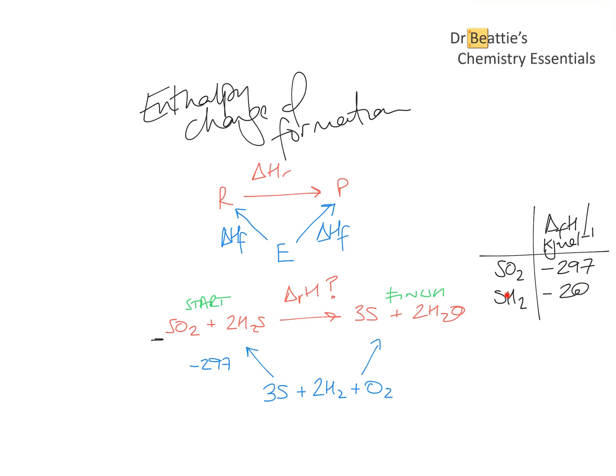If we are then told that the formation of dihydrogen sulfide is -20, that's telling us the formation of 1 mole of SH2, because remember it's kilojoules per mole, is -20.